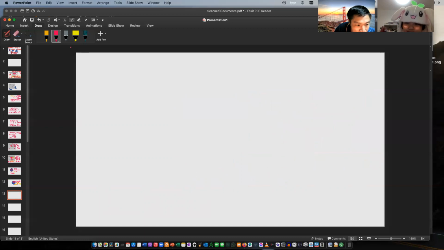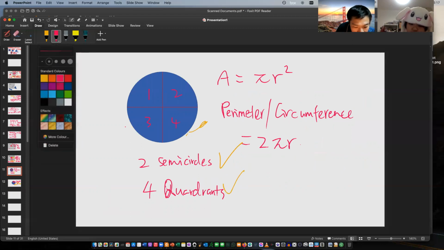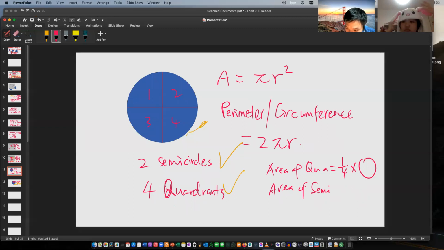Why quadrant? Can I ask you, what is the area of a quadrant? Is 1/4 the entire circle, right? Times the circle. Why is the area of a semicircle half of the entire circle?